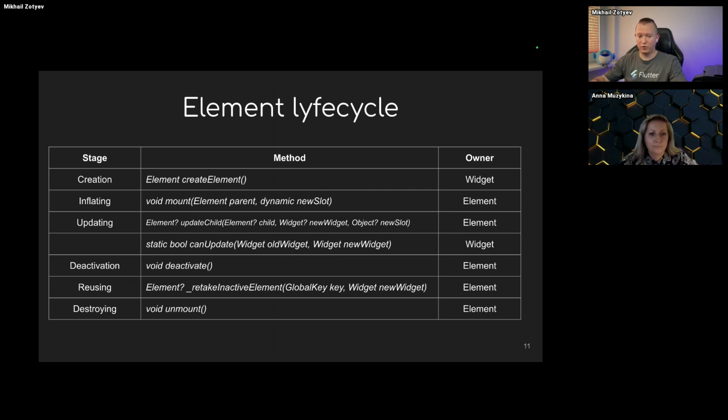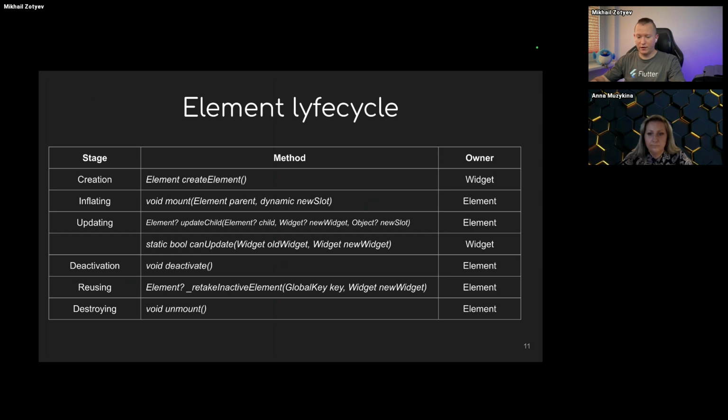We will see all those examples more closely in the next part of this talk. But the important thing is that the decision whether we can update this part of the tree or not also happens in the widget, in the canUpdate method, which compares the previous, old widget with the new one.